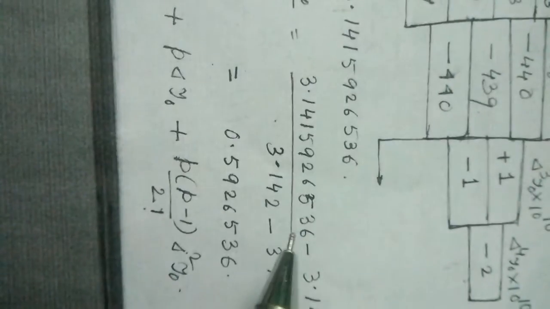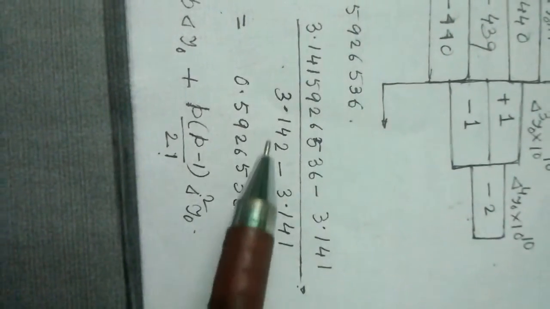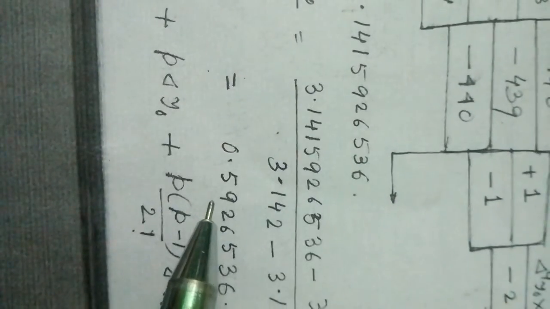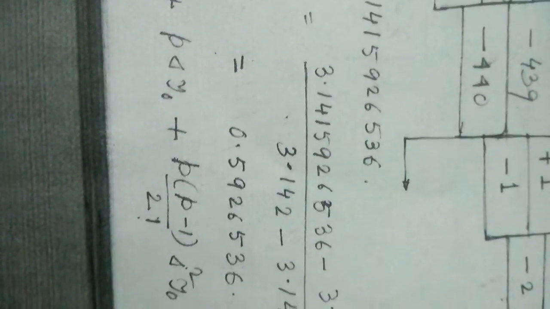Here is the x naught, 3.141. So x minus x naught divided by h. H is the difference between the two, means this minus this. So the calculation is this one. This is p.